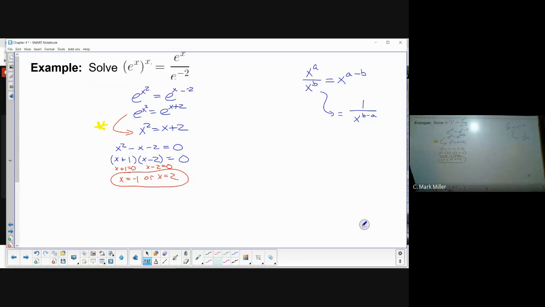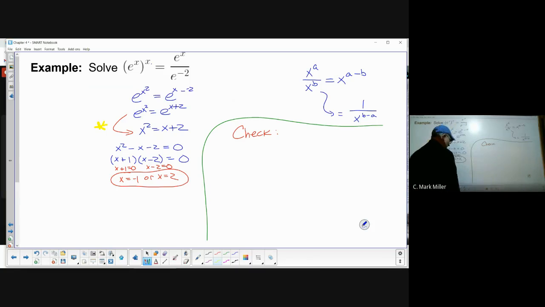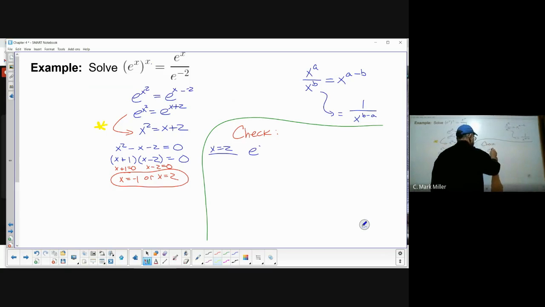If you wanted to, you could check your answers, and I recommend doing it. We have two answers. Let's do x equals 2 first. e to the 2 to the 2 is e to the 4.